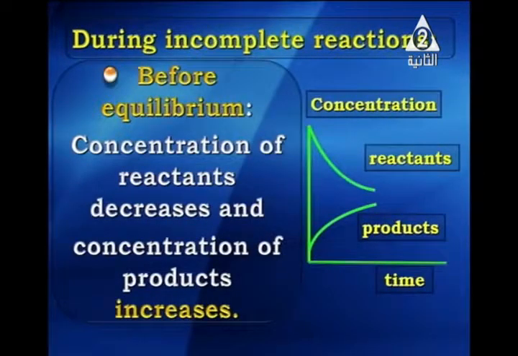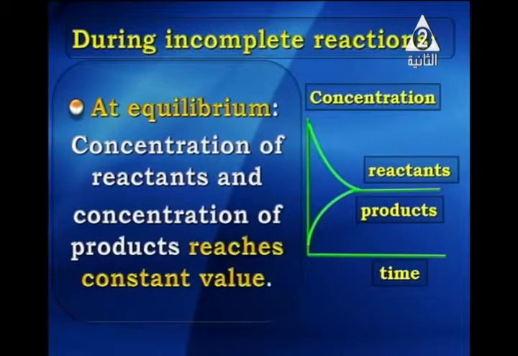While during the incomplete reaction, before the equilibrium is reached, the concentration of reactant decreases and the concentration of product increases, as shown in the graph. While during the incomplete reaction at equilibrium, the concentrations of reactants and product reach constant values, as shown in the graph on the screen.